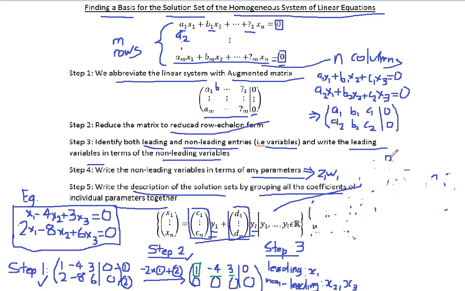So now step 4. We write the non-leading variables in terms of any parameter. So let x2 equals to w, x3 equals to z.